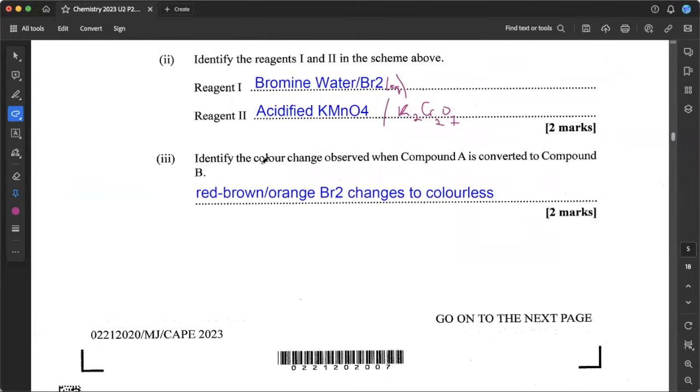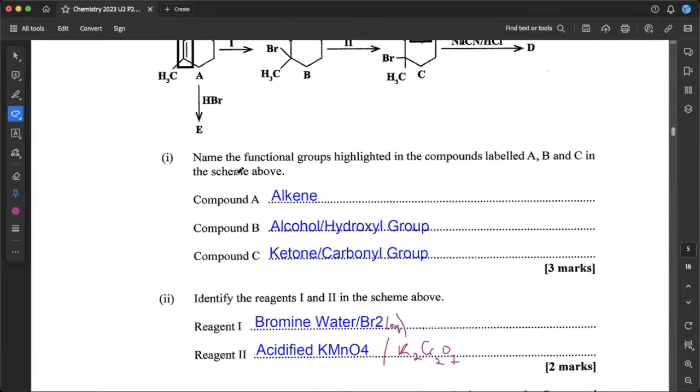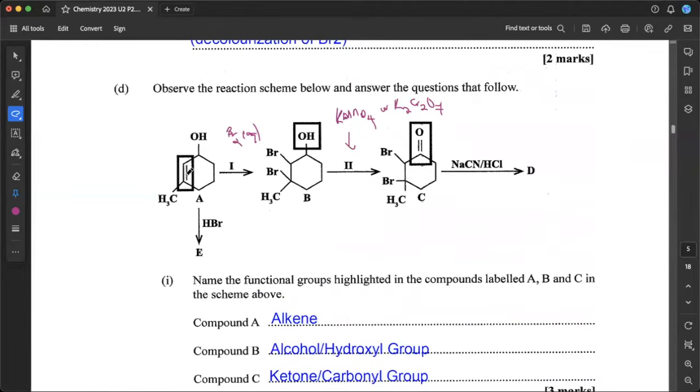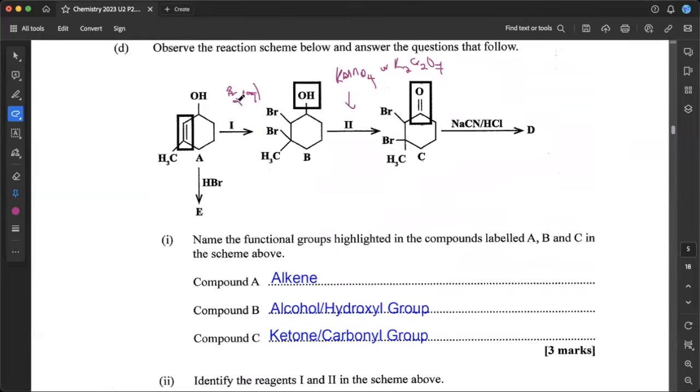So moving along now to part 3. Part 3 says identify the color change observed when compound A is converted to compound B. So what was compound A again? Compound A was this alkene here, and we're going to compound B, and we're adding this bromine.